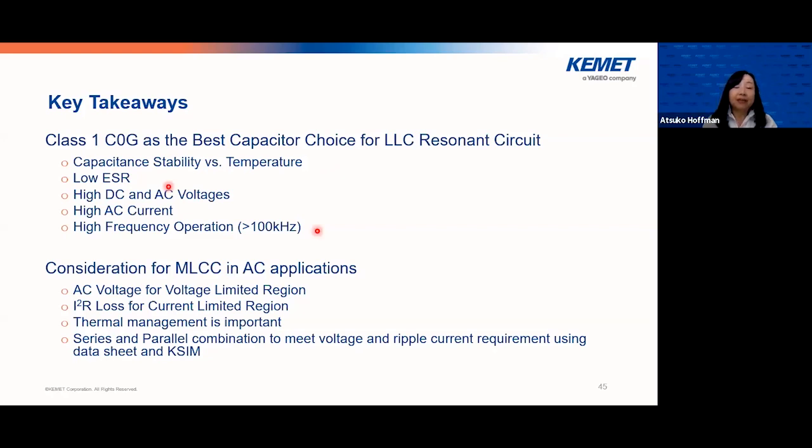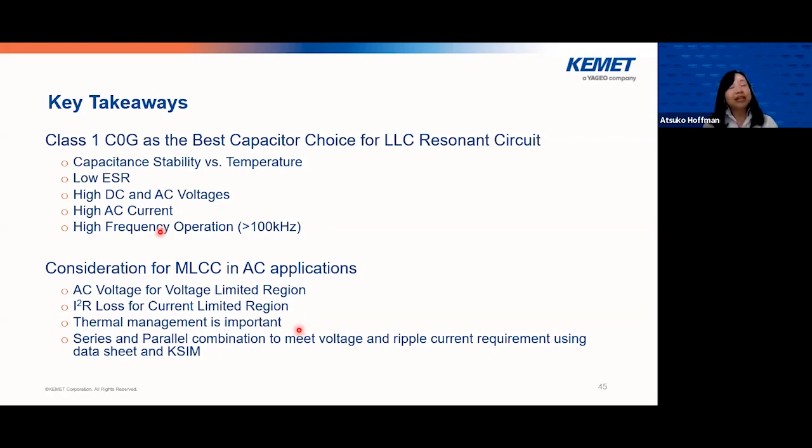And the number 2 key takeaway: considerations for MLCC in AC applications. Remember, there are 2 distinct regions: AC voltage for the voltage limited region, and the I2R losses for the current limited region. For AC applications using MLCC, thermal management is very important.